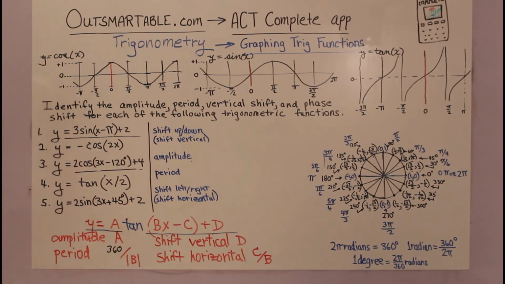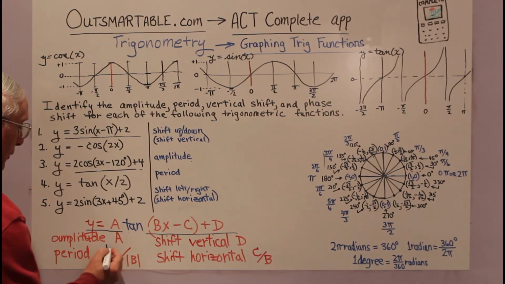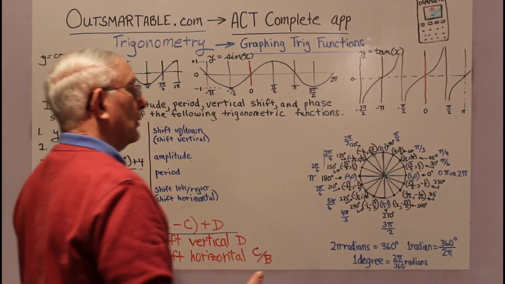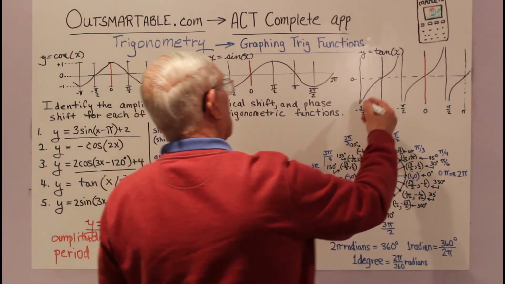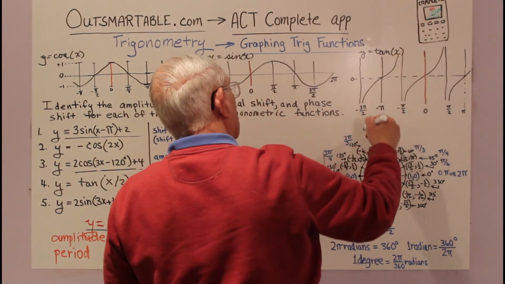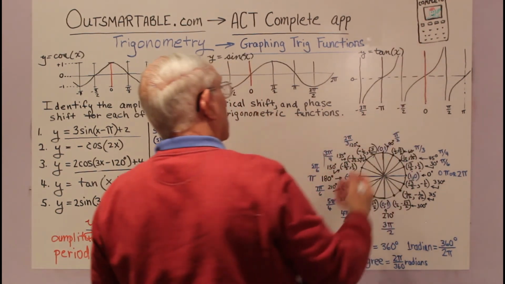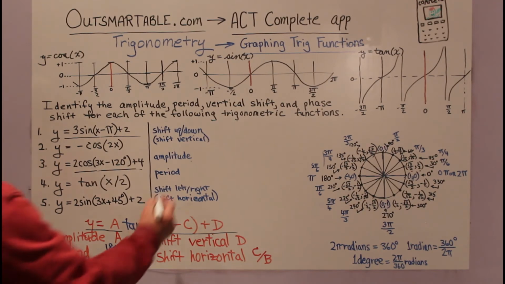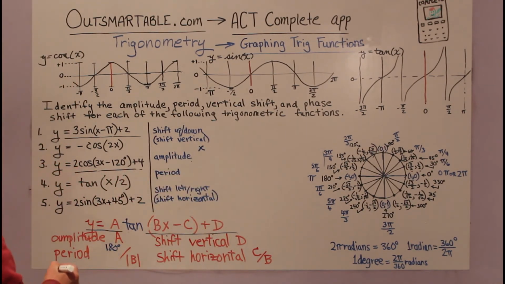We're still dealing with rigid and non-rigid transformations, but instead of a period of 360, it has a period of 180. And the amplitude, we really don't need to talk about an amplitude on the tan, because it always goes from negative infinity to positive infinity, whether you stretch it or shrink it, it's still going to go from negative infinity to positive infinity.